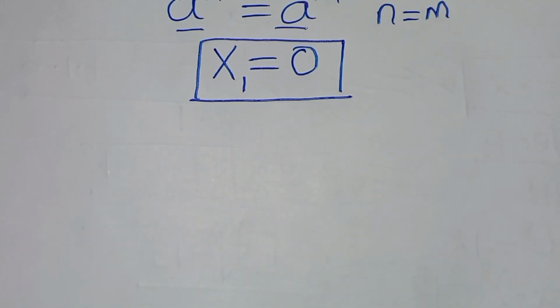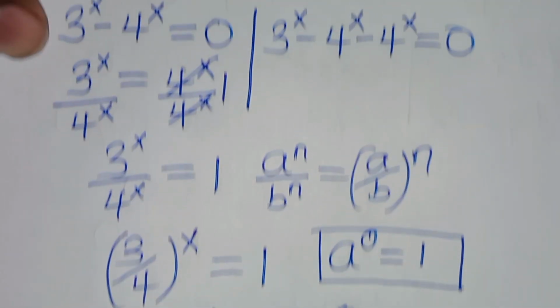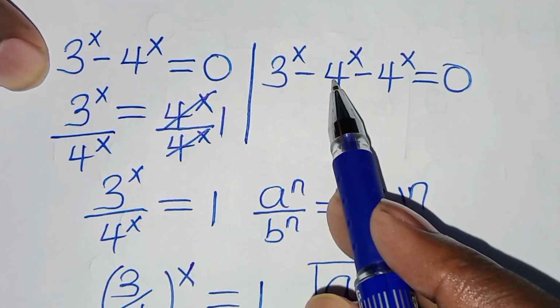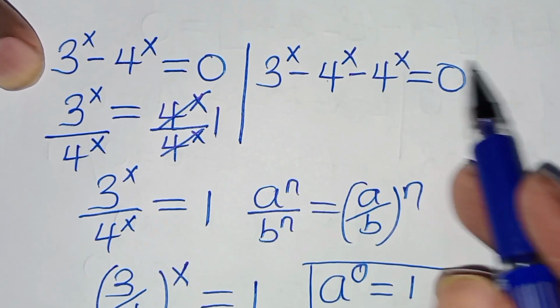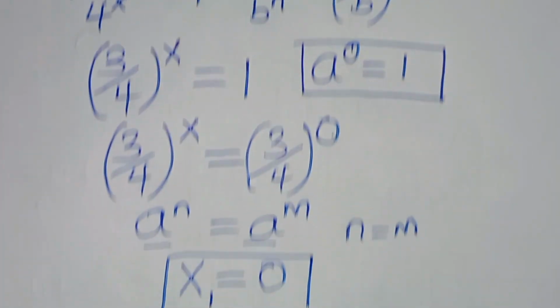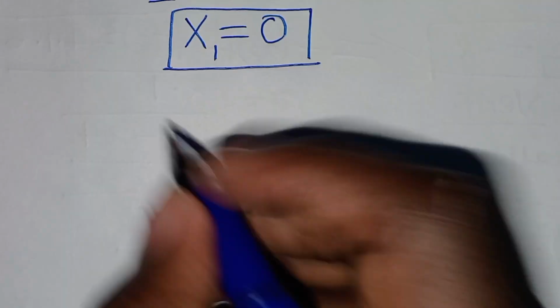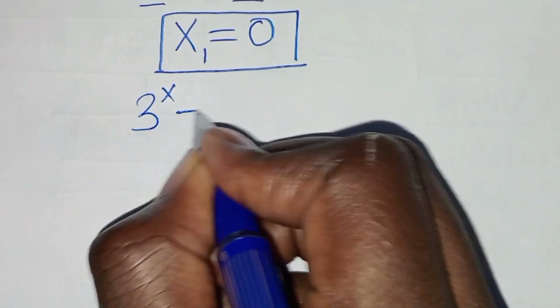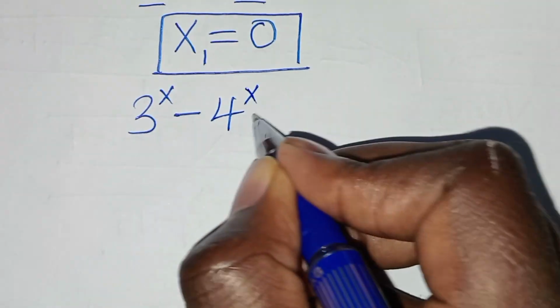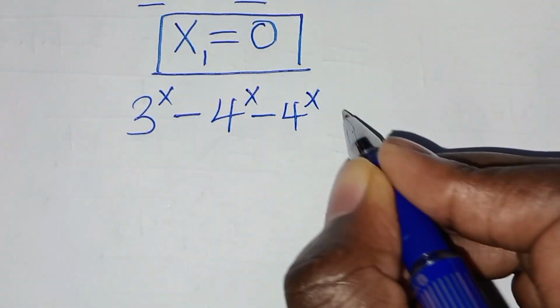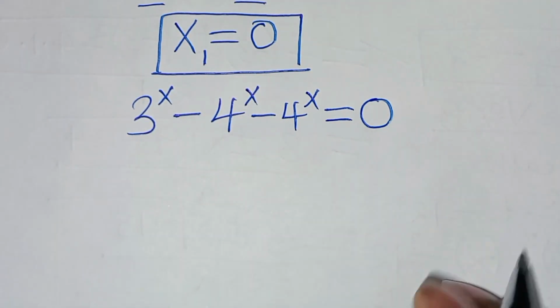Now, we have the second part of the equation here, which is 3 to the power x minus 4 to the power x minus 4 to the power x, equal to 0.